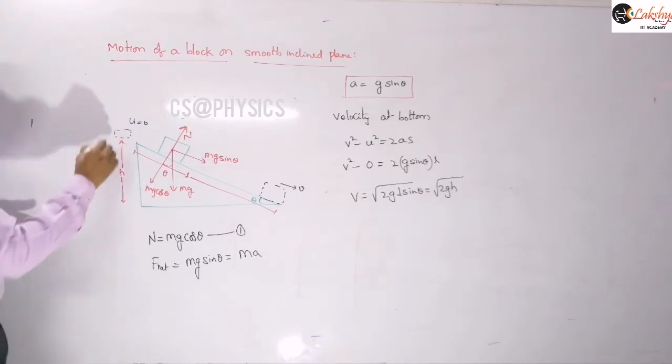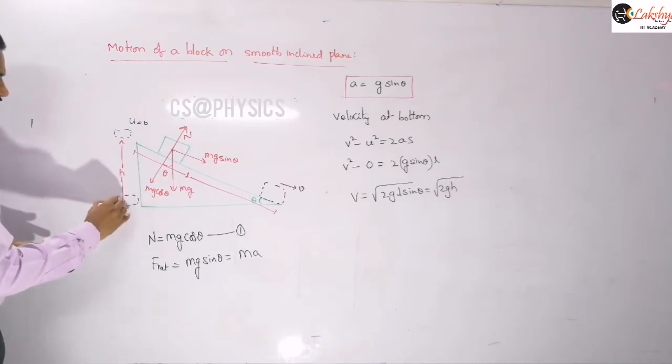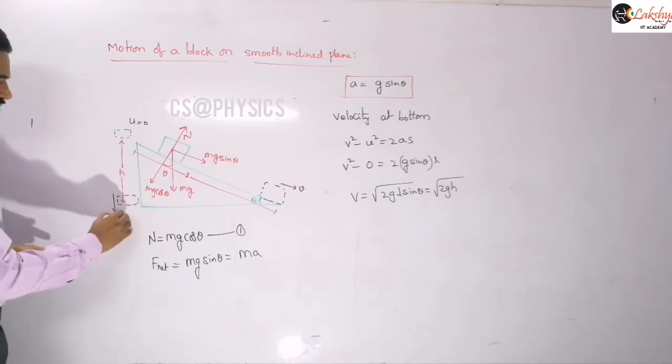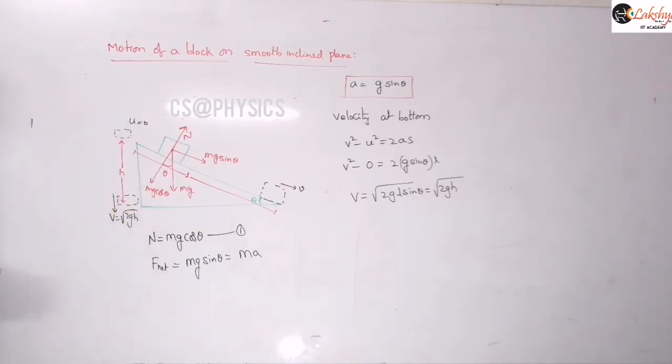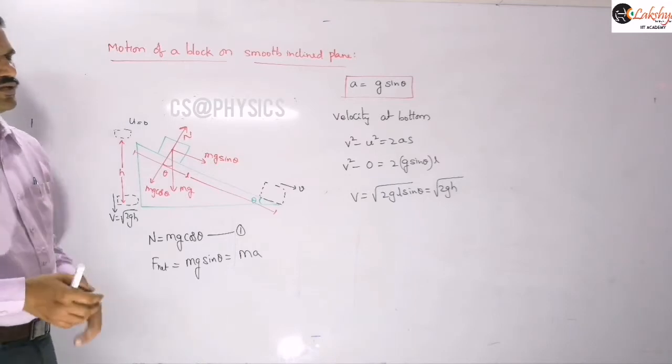That means if you are releasing from rest here, then it reaches the ground with the same speed, v is equal to under root of 2gh. So both will reach the ground with the same speed, or magnitude of velocity, right?